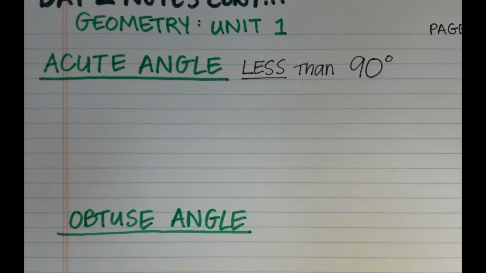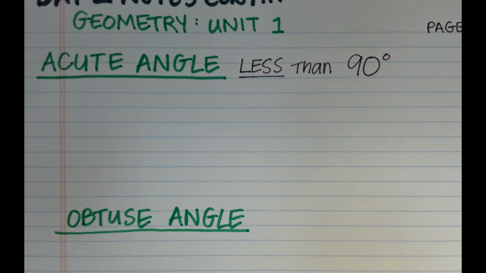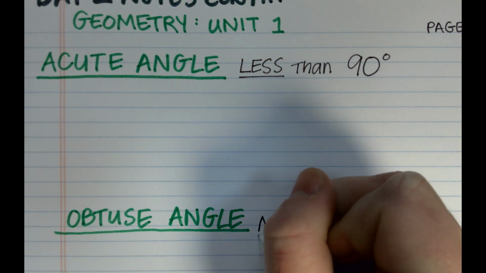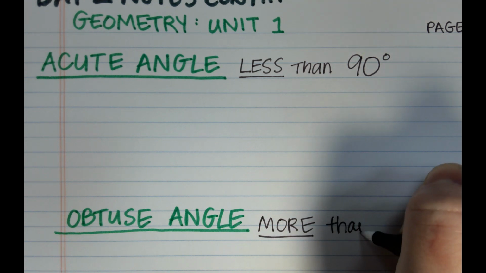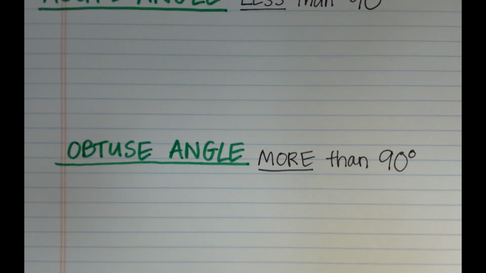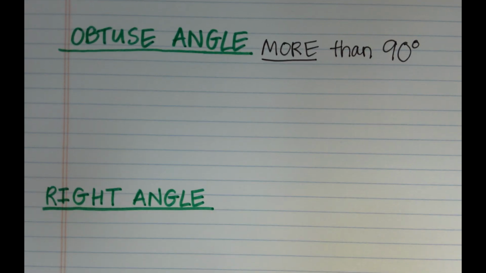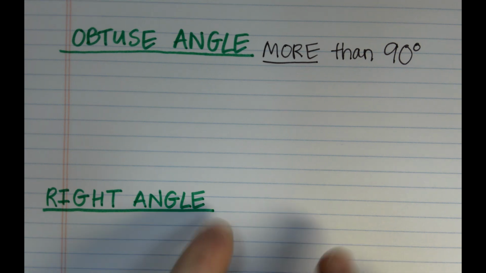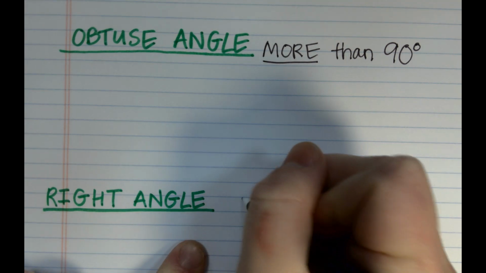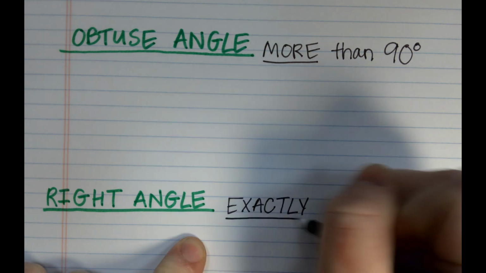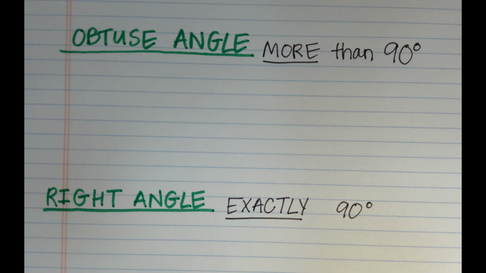Next, we have an obtuse angle. More than 90 degrees. Good. More than or greater than 90 degrees. All that's left is the right angle. Exactly 90 degrees. It must be exactly. If it's 90.5 degrees, it's obtuse. It has to be exactly 90. So we need to write exactly 90 degrees.